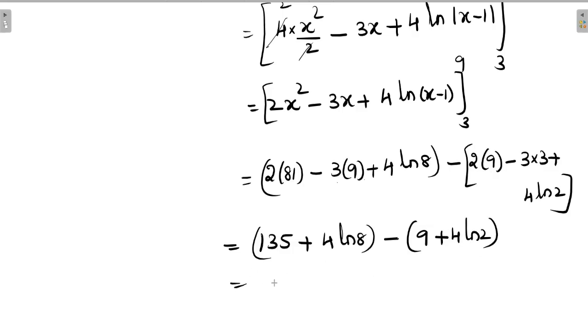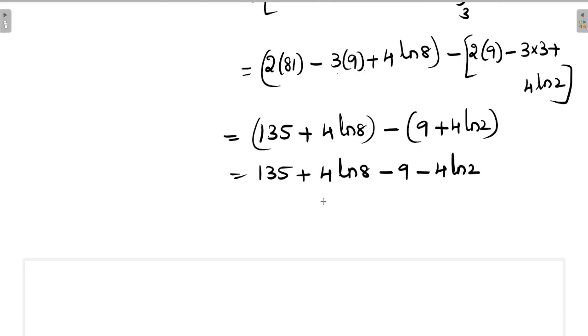Let's remove the bracket. 135 plus 4 times ln 8 minus 9 minus 4 ln 2, which is equal to 135 minus 9 is 126. 126 plus, this first logarithm term is going to be written as 4 times ln 2 to the power 3, because the second logarithm is also given in terms of 2. So minus 4 ln 2.